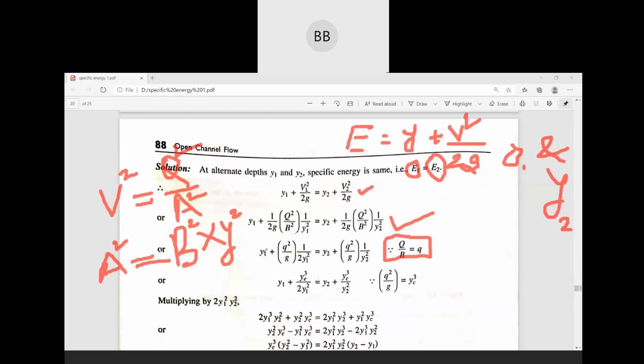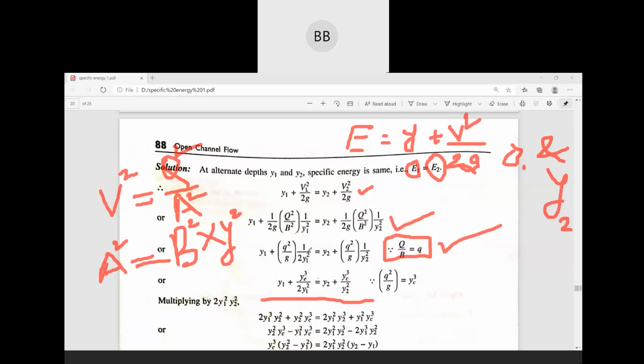So y1 is left as it is, plus small q square divided by g times twice y1 square, and the second part is also the same. Write down the steps till here.